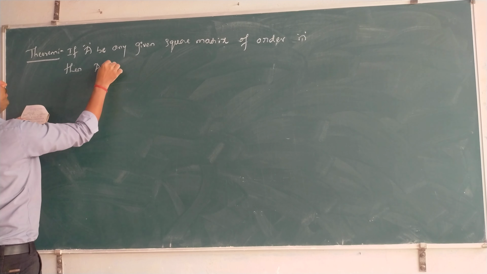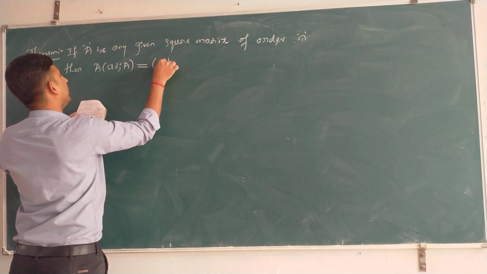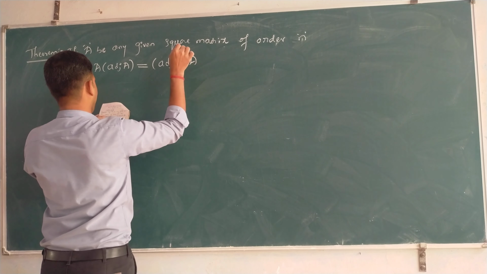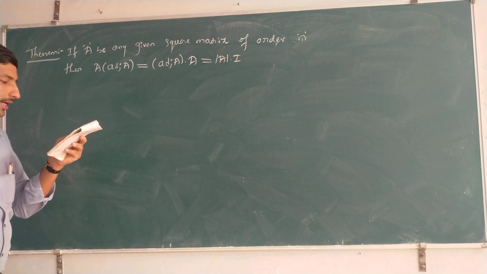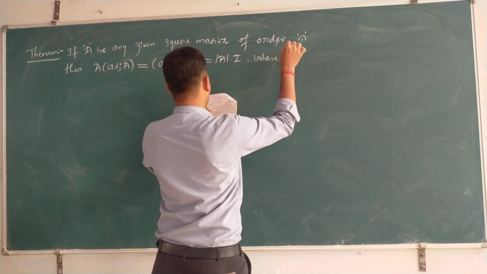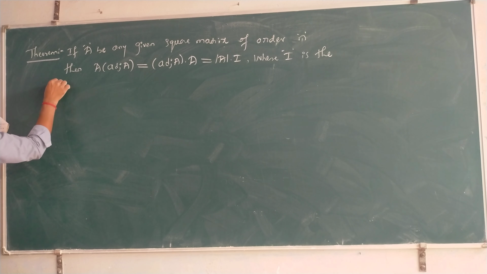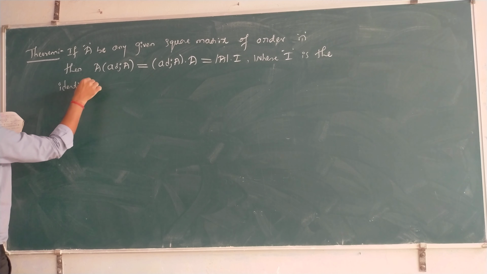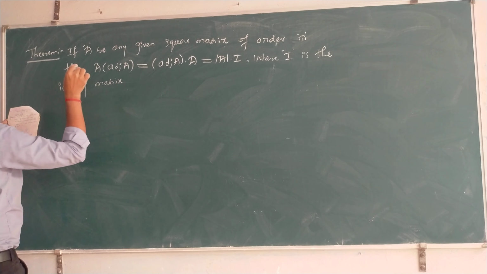then A into adjoint of A into A, which is equal to determinant of A into I, where capital I is the identity matrix of order n.